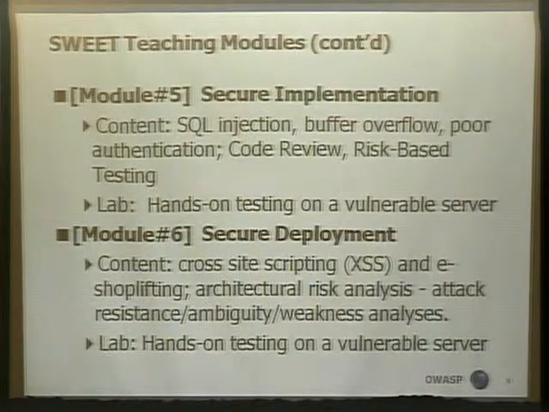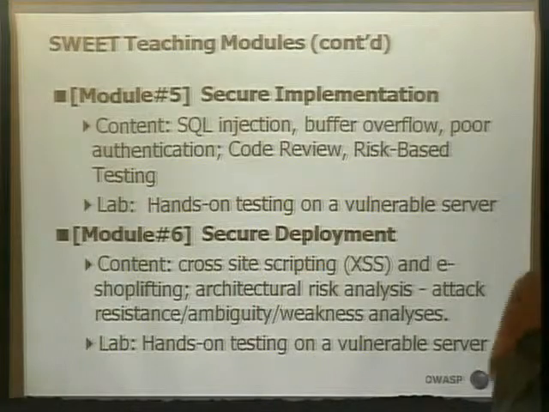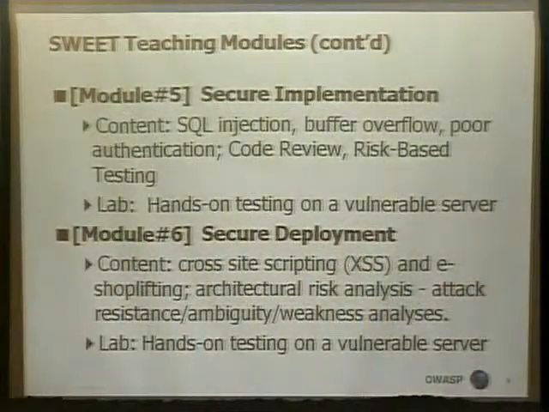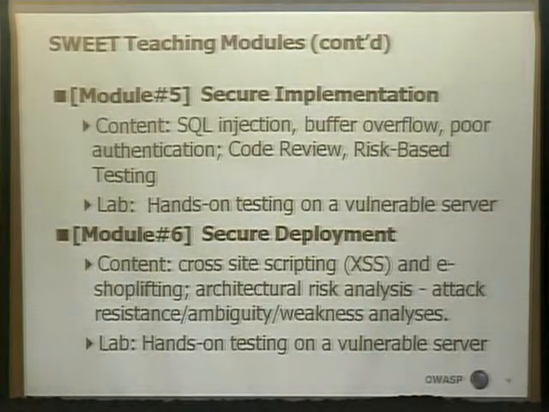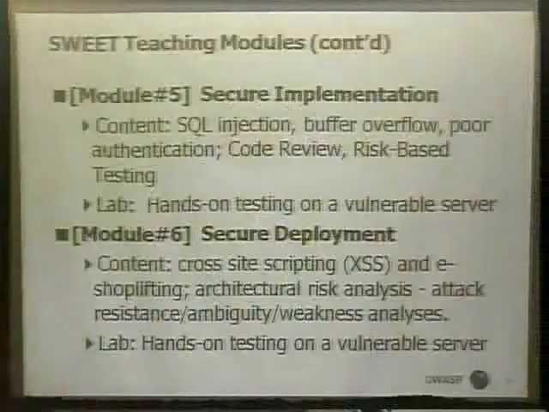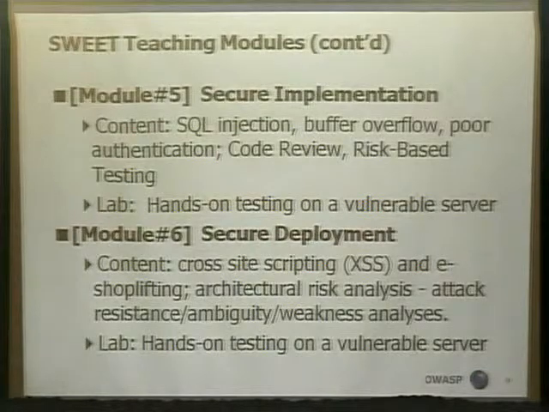So moving from analysis to implementation, we talk about the OWASP top 10 type of problems: SQL injection, buffer overflow, and how you do code review with static analysis, risk-based testing, and all that. And again, there will be testing on the WebGoat server. For secure deployment in the field, we have to address things like cross-site scripting, and talk about architecture risk analysis.